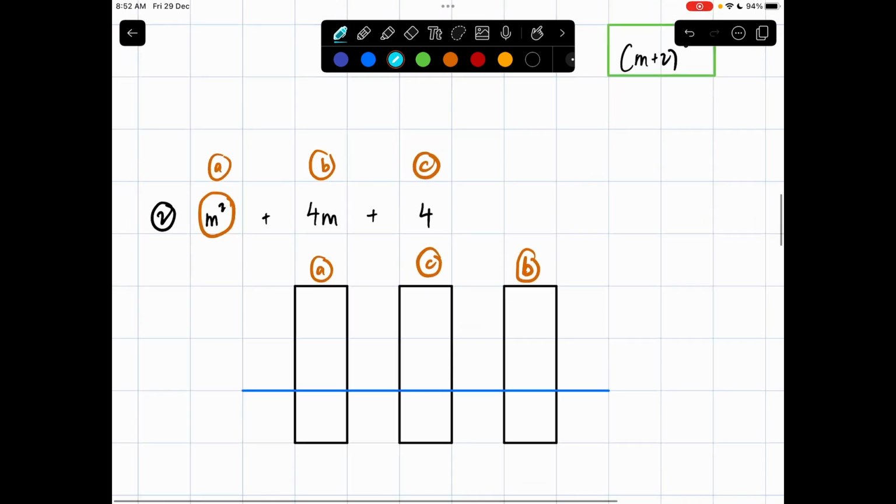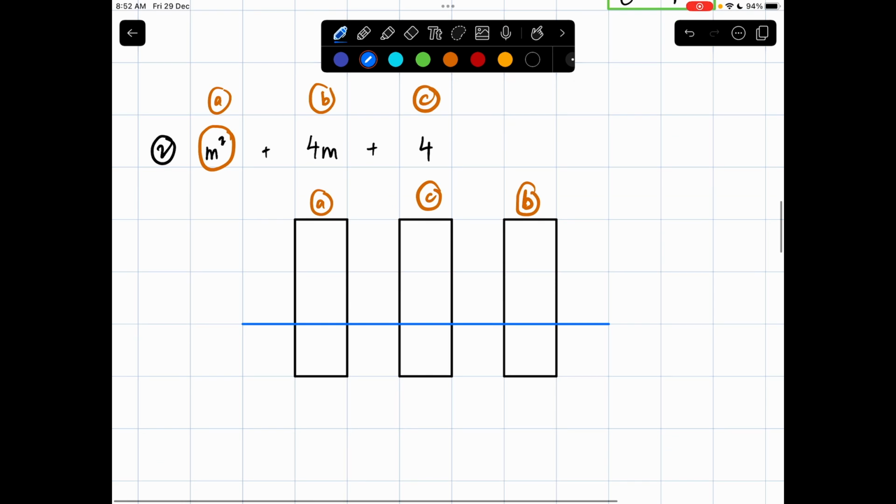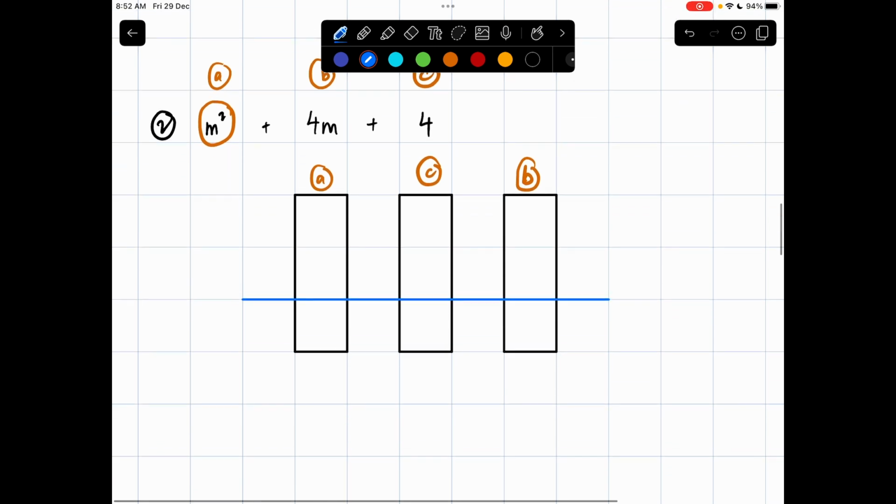So what you're trying to do is find different combinations which will result in m squared. The most obvious one we have is m times m, which will get us m squared. Or there's one more combination, which is negative m times negative m, which will get us m squared.